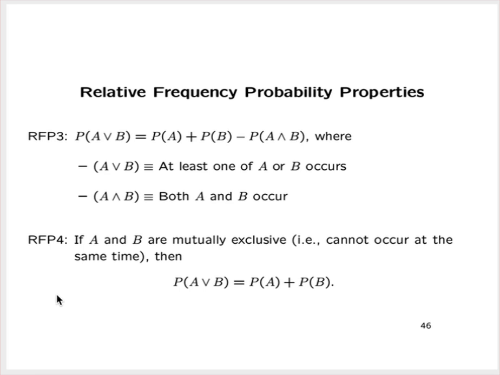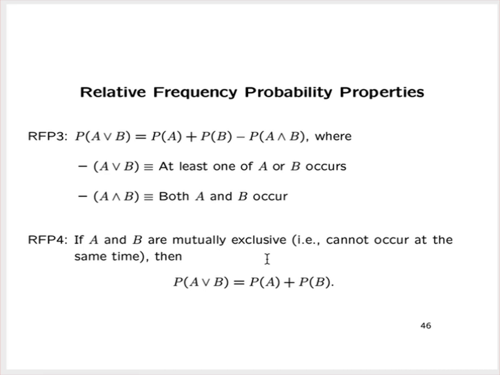Now on to RFP4. If A and B are mutually exclusive, in other words, if they cannot occur at the same time, then the probability that at least one of the two events occurs, A or B, is always going to be equal to the sum of the probability of A and the probability of B. Again, the assumption here is that A and B are mutually exclusive.